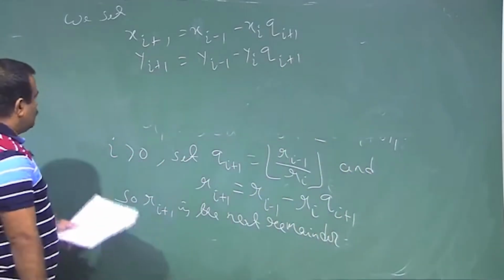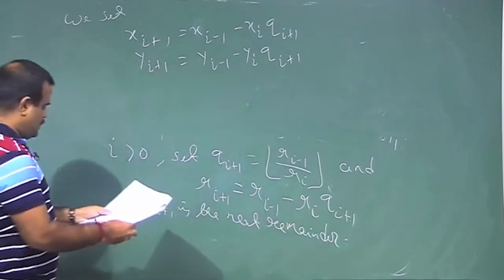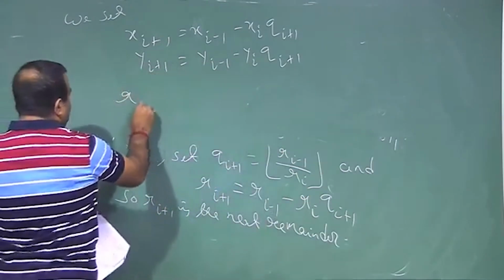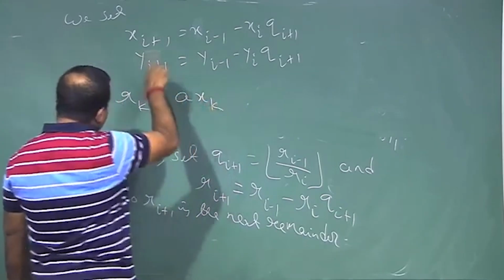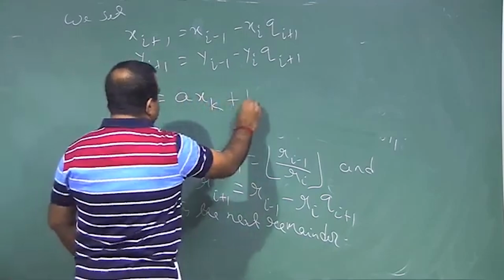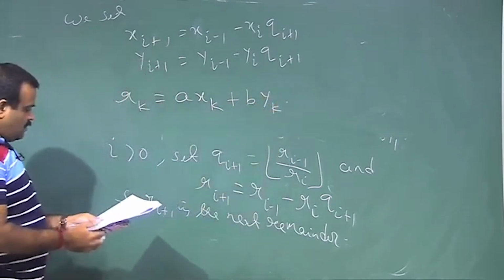Now, we have to show by mathematical induction that r k is basically a x k plus b y k for all k.